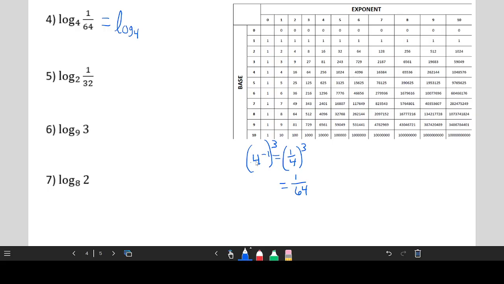And we have 4 to an exponent and then to another exponent, so we multiply those exponents, right? 4 to the negative 1 times 3 is negative 3. So 4 to the negative 3 is equal to 1 over 64 because the negative 1 first means we're going to take the reciprocal of 4 and get 1/4, and then the fact that it's a 3 means we're going to cube it and we get 1 over 64.